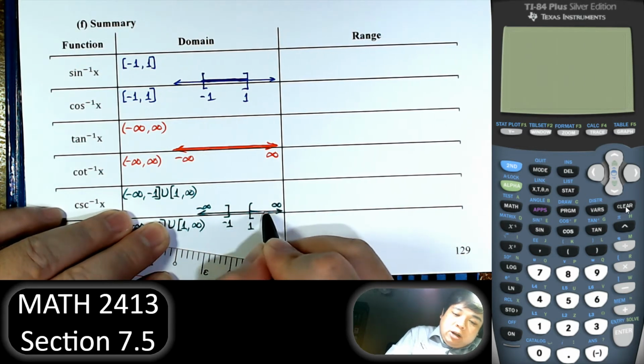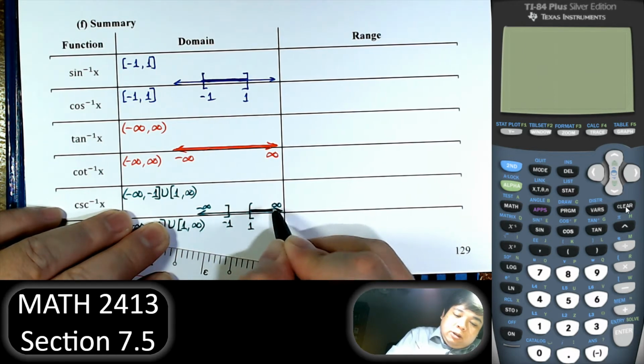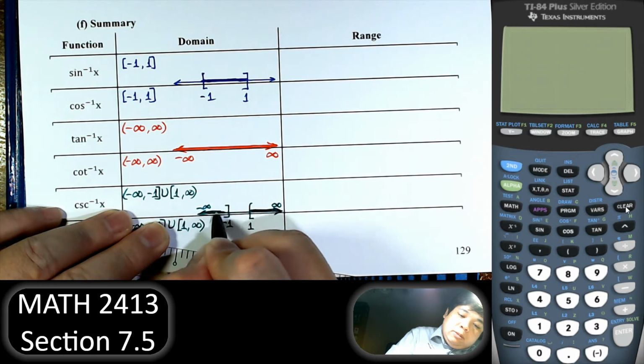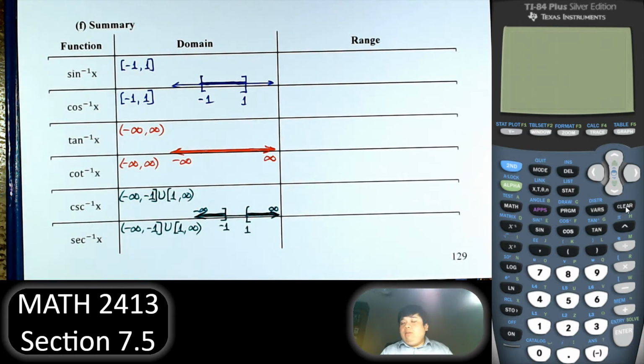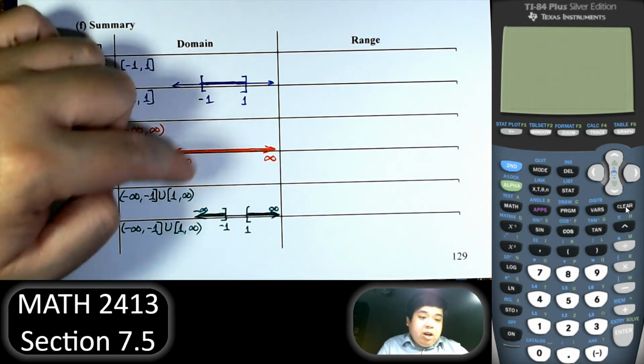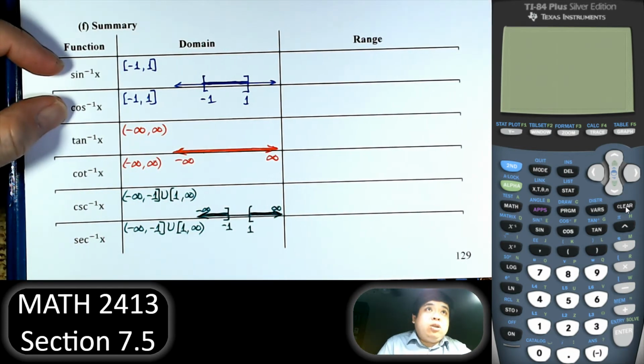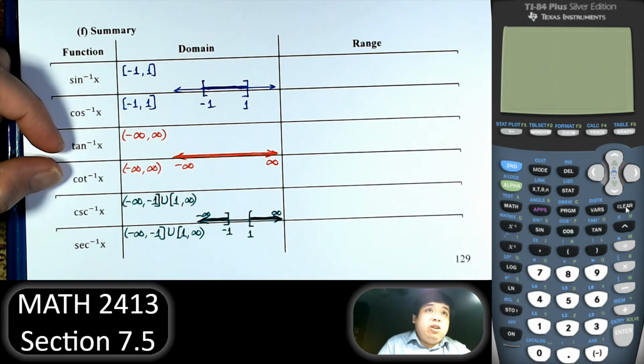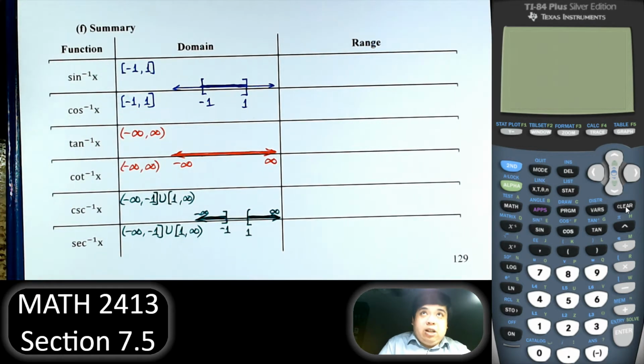It will be outside 1. Right. So that's 3 different types of domains. Sine and cosine inverse are the same, tangent and cotangent inverse are the same, secant and cosecant inverse are the same.